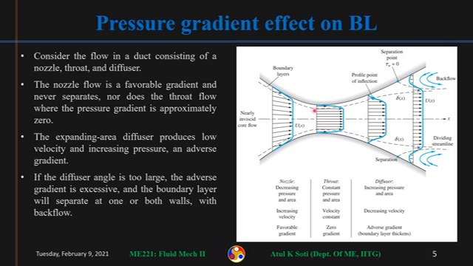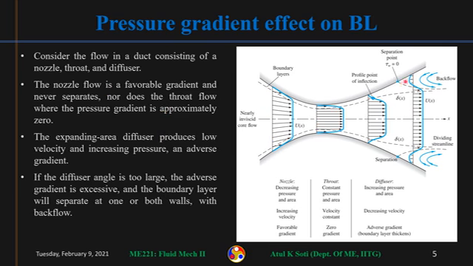And as you reach the throat area, the rate of change of area will be 0, somewhere here. So there dp by dx is 0, constant area. Still, that will not result in flow separation. So the nozzle flow is in favorable gradient and never separates, nor does the throat flow, where pressure gradient is approximately 0. So both in nozzle and throat there will be no flow separation.